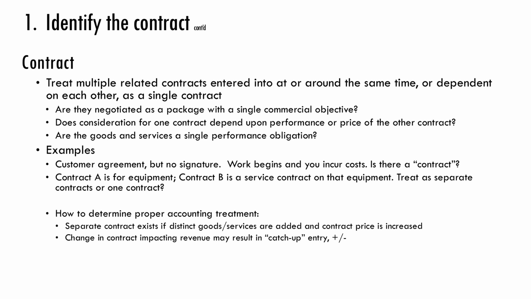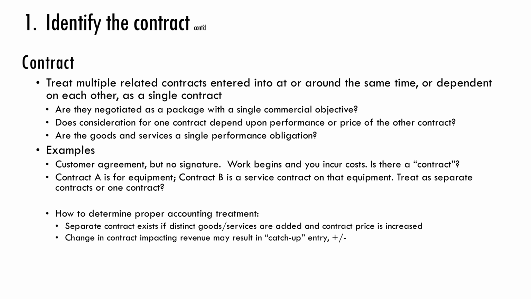I've got a contract to sell you X number of computers, a separate contract to sell you X number of licenses to run on those computers. Now, they may look like separate contracts. They're actually written on 2 different sheets of paper, signed at different times, maybe even by different signing agents or purchasing authorities. However, if they are dependent upon each other, I need hardware to run the software, I need software to run the hardware, then in terms of 606, they could be deemed a single contract.